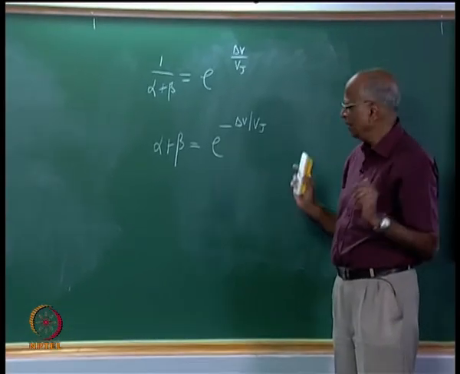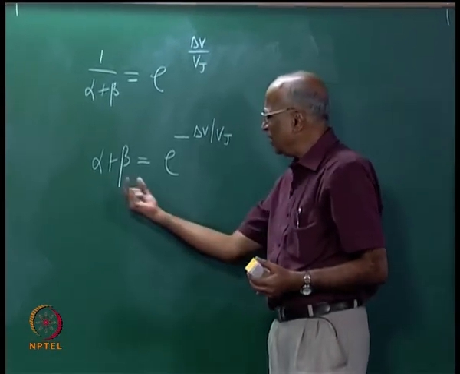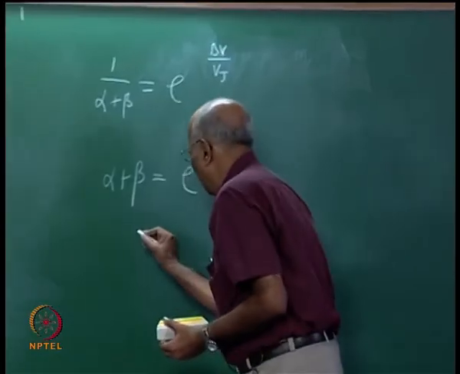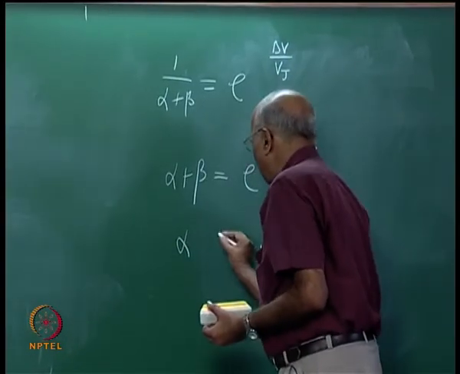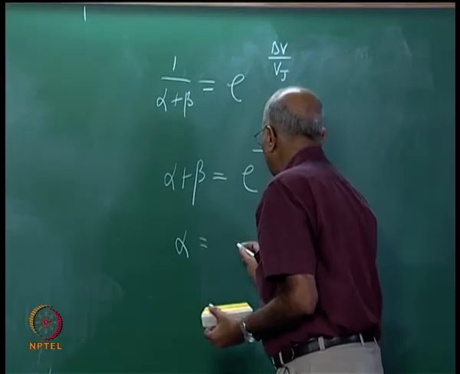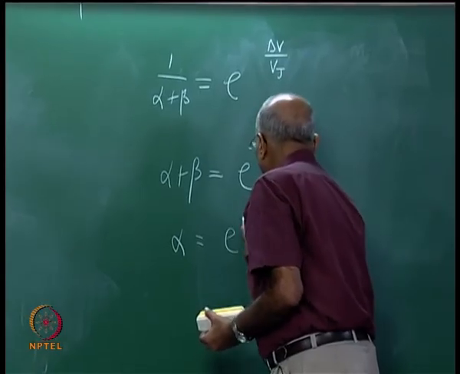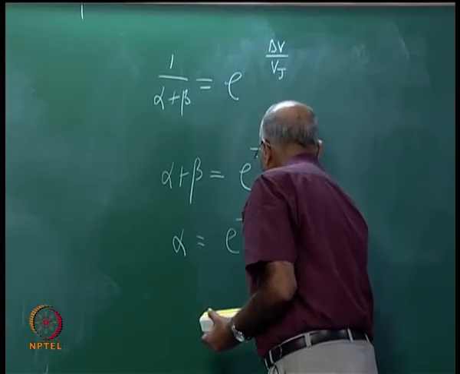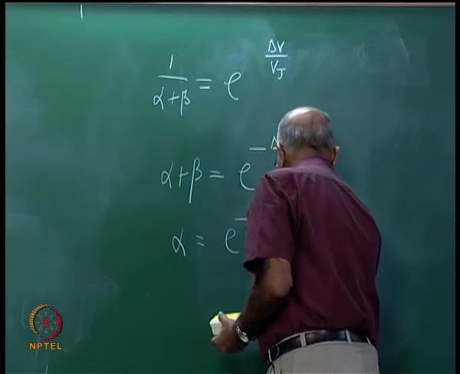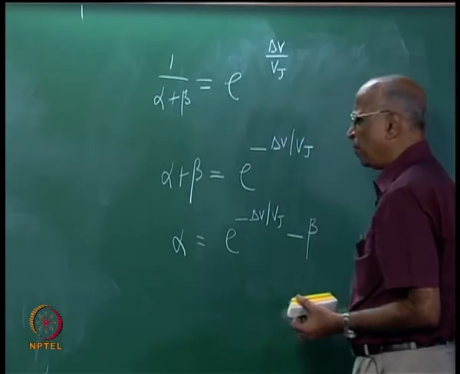Okay. Now, let us examine under what conditions I will get the usefulness of the rocket, which will therefore be equal to e to the power minus delta V by Vj minus beta, and let us try to plot it out.